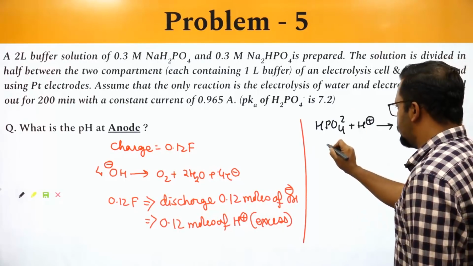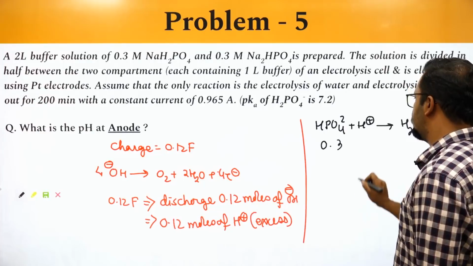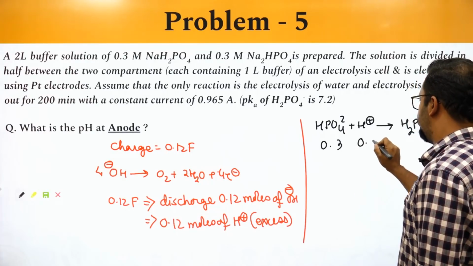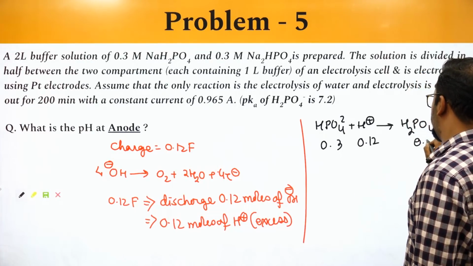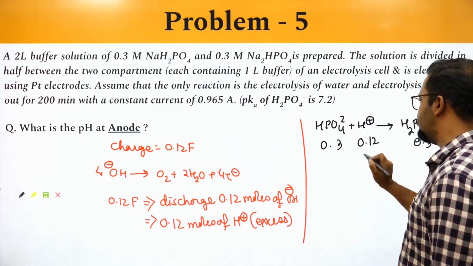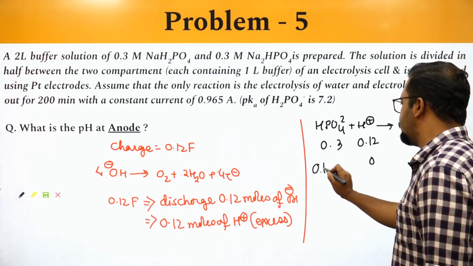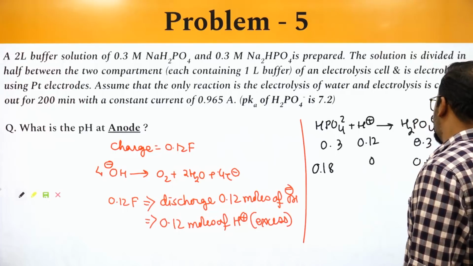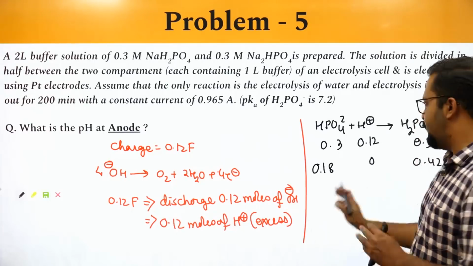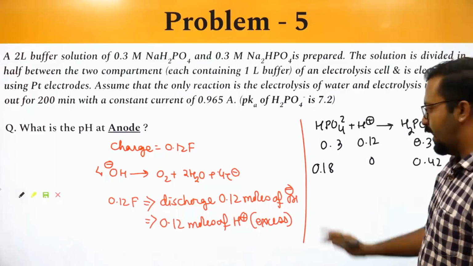Okay, so this was 0.3, 0.12, this was 0.3 initially, this will become 0, this will become 0.18, and this will become 0.42. As simple as that. Now apply Henderson's equation.